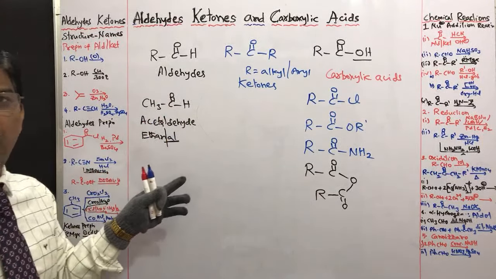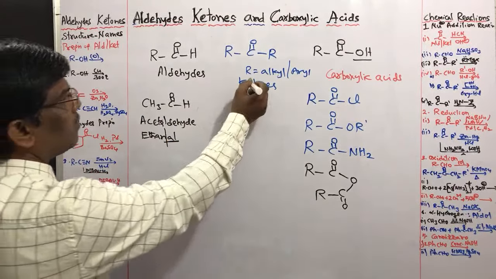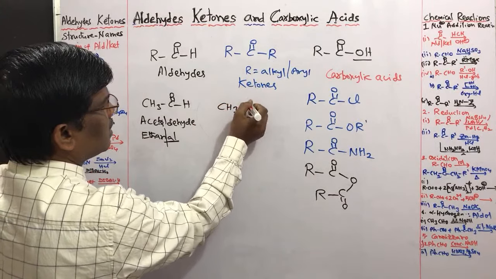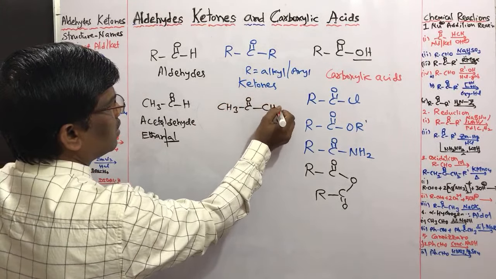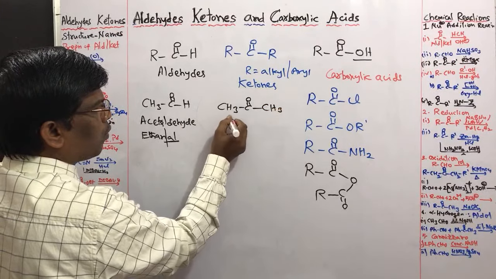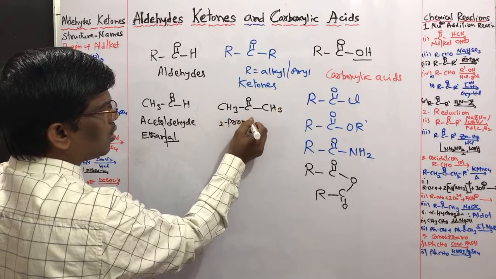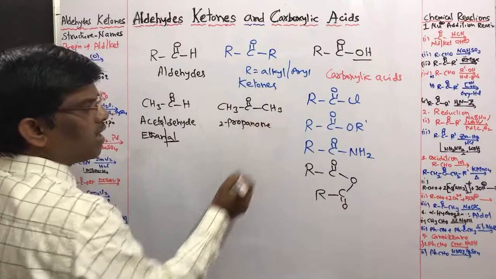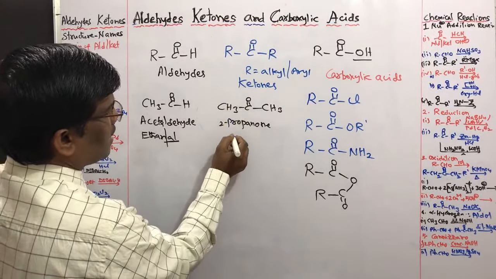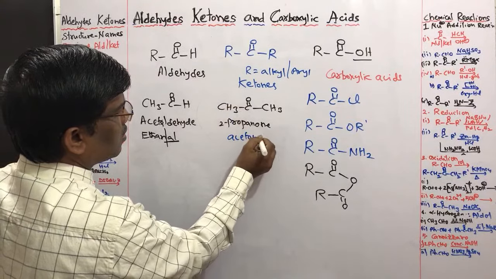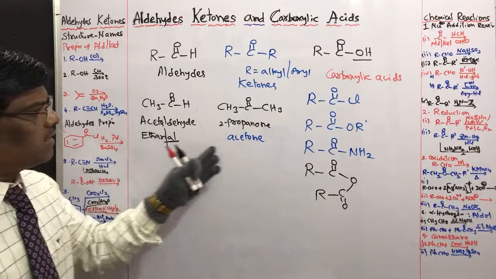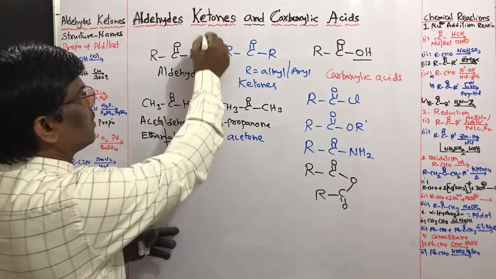Al stands for aldehyde. For example, here this is 2-propanone in IUPAC nomenclature, and the common name of this compound is acetone. So these are all aldehydes, these are ketones.